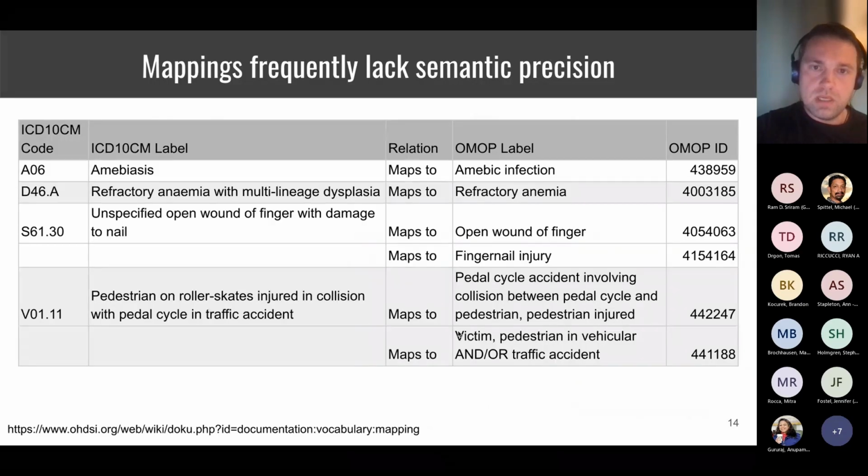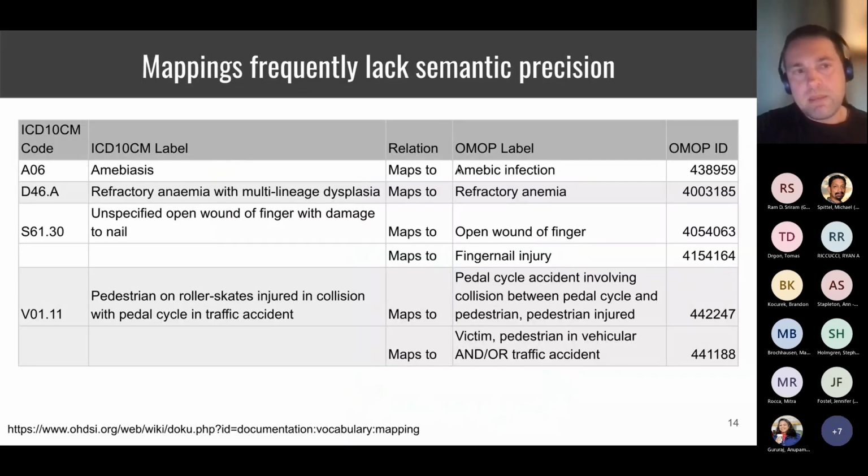All right, so the problem with current mappings out there is, for example, their lack of semantic precision. When you're looking at something like OMOP, which is one of the better resources out there, actually quite a great resource for us, you can see that the way they encode mappings is using a simple maps2 relationship.